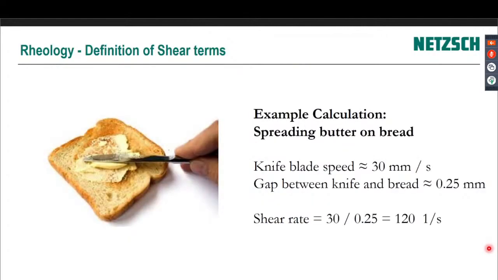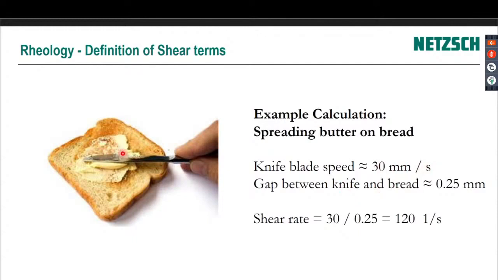Now, it's actually fairly easy to calculate the shear rate of most processes. One thing you may have done this morning is spread some butter on your bread. So we could do a calculation here just to show you how easy it is. Let's say I move my knife across that bread surface at 3 centimeters a second. So that's 30 millimeters per second. We put everything in millimeters.